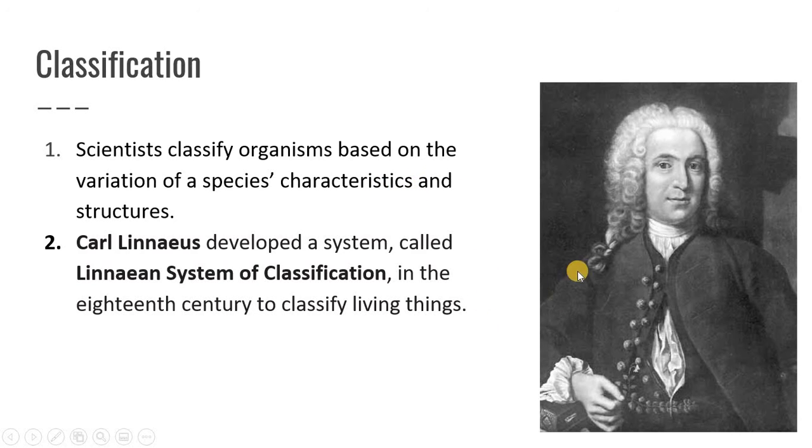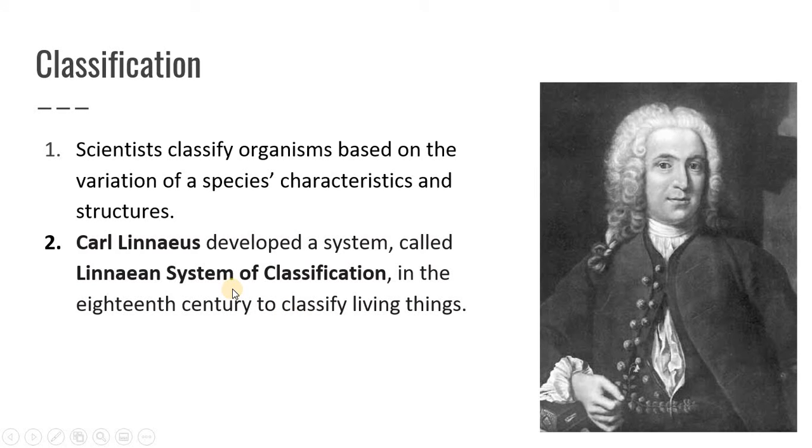In the 18th century, there was a brilliant scientist by the name of Carl Linnaeus. He developed a system called the Linnaean system of classification. He developed this system in order to classify living things, right?